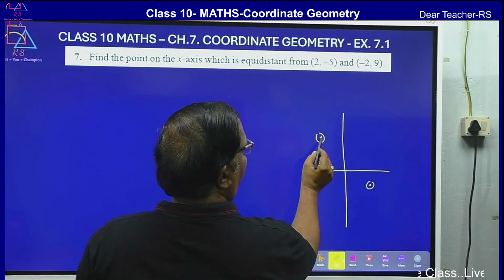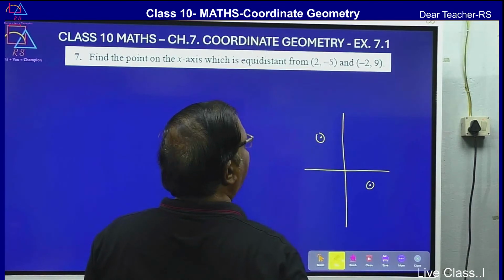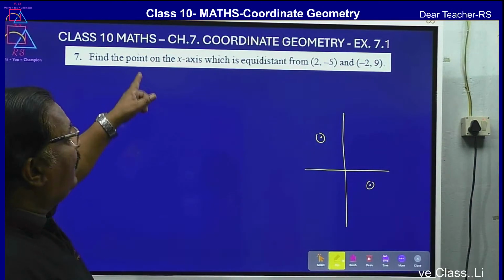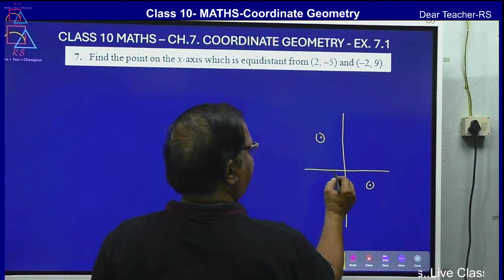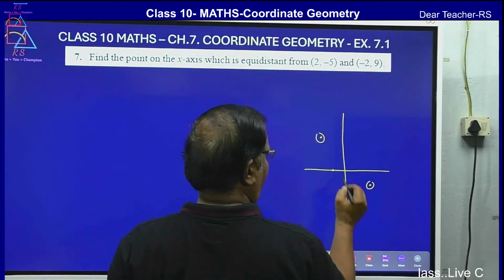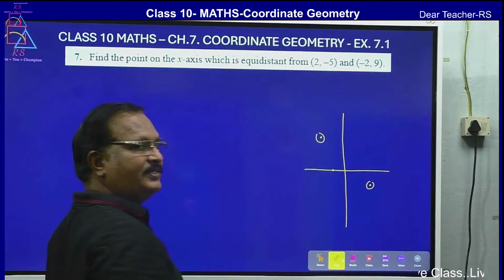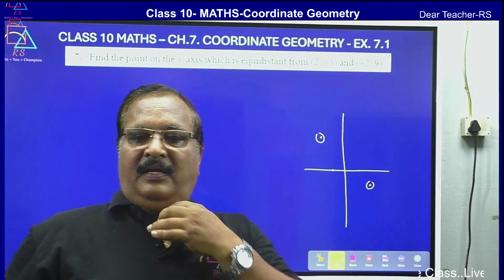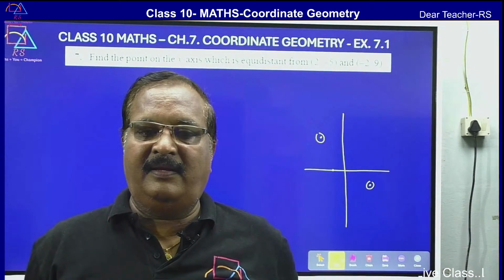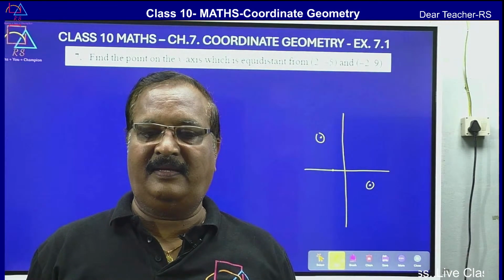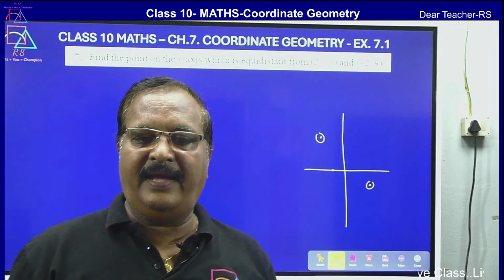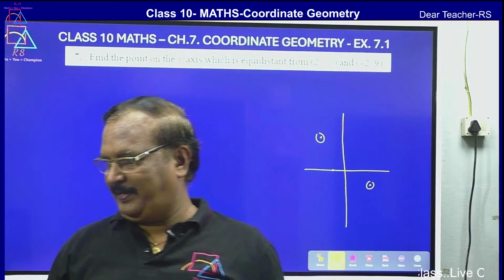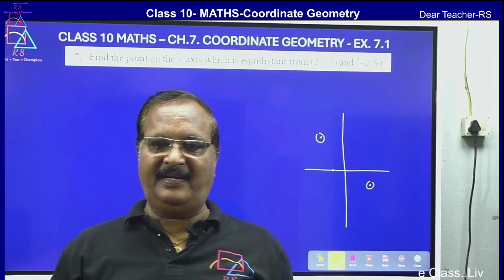Now these are the points. Now find the point on the x-axis. So that means somewhere here I will remove the y-axis, right? It is lagging. If you can give me some idea, then I will try, because yesterday I tried, but still it is lagging. Okay?